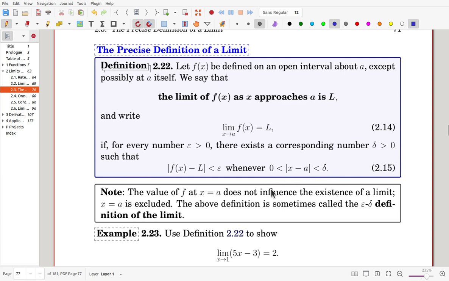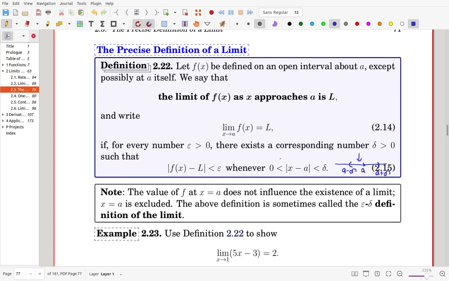in the horizontal direction, this makes a delta interval. So let's say in this way, there's a, and that is a minus delta, and this is a plus delta, and excluding that point a, if x is chosen inside this interval, then the absolute value of f(x) minus L is bounded by epsilon.